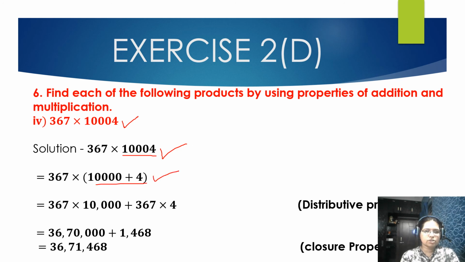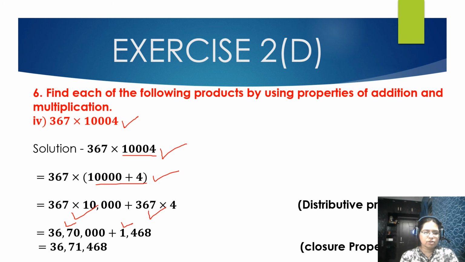Now 367 multiplied by 10,000 plus 4 equal to 367 multiplied with 10,000 plus 367 multiplied with 4. And 367 multiplied with 10,000 we get 36,70,000, plus 367 multiplied with 4 we get 1,468.